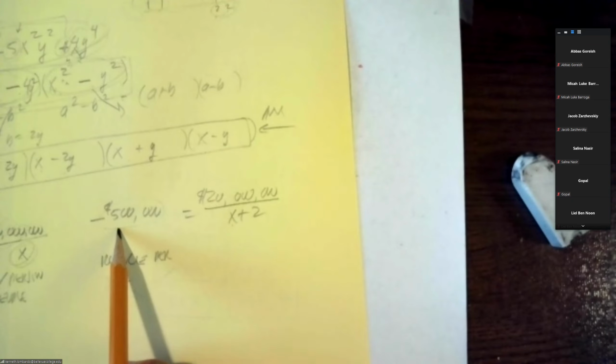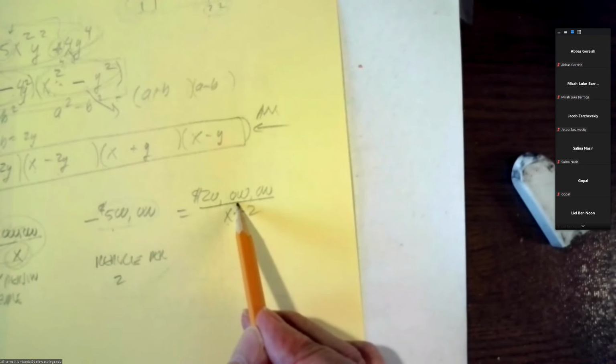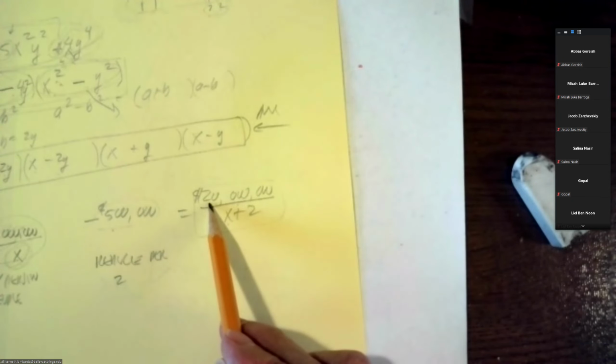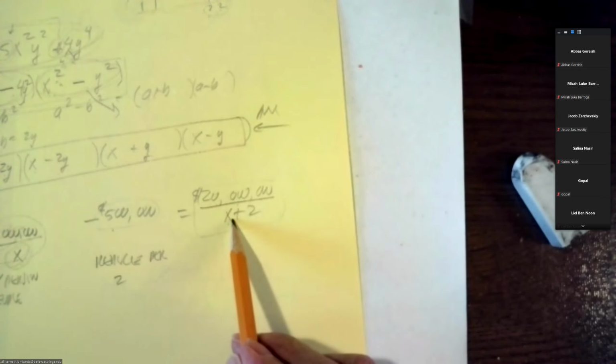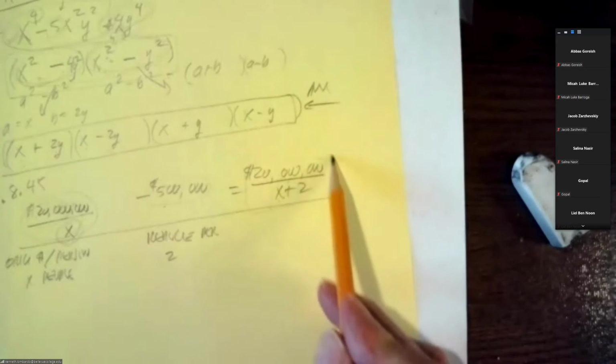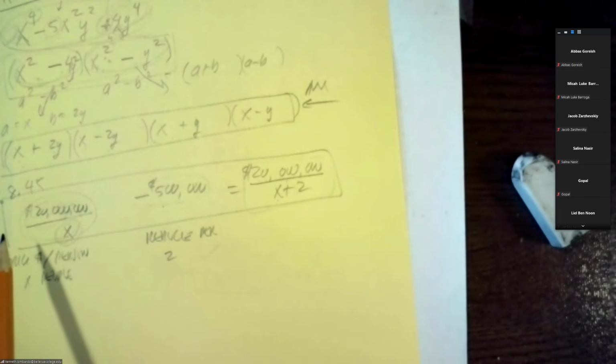As a result, each person's share is reduced by 500,000. So here's each person's share, 20 million over the number. We're going to reduce that by 500,000. And the amount in the new group is 20 million divided by x plus 2. So this is going to be the equation that we're going to try and resolve.